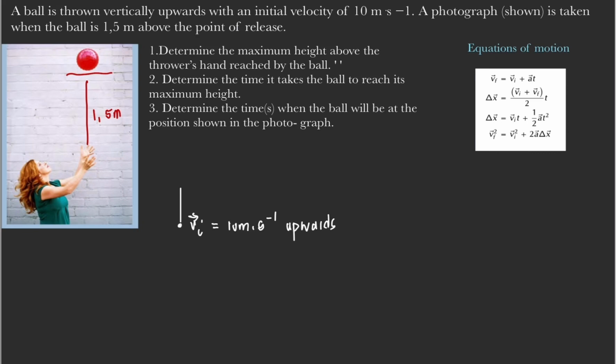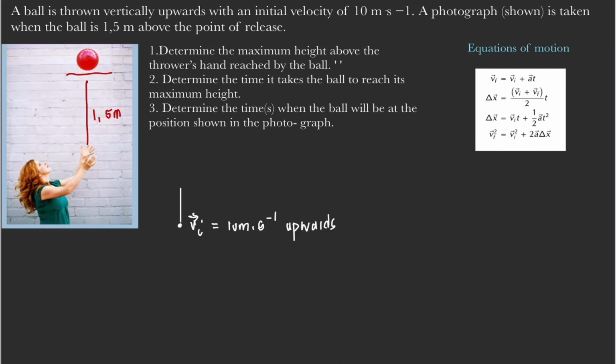If it was at its maximum height, they would have told you that the ball reaches a maximum height of maybe 2 meters or 3 or maybe 10. You are just told that at this point it's at 1.5 meters. So you need to find your maximum height.